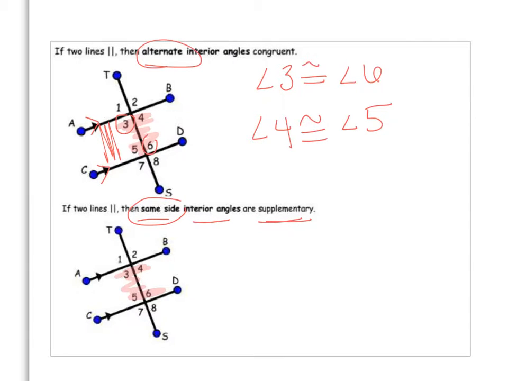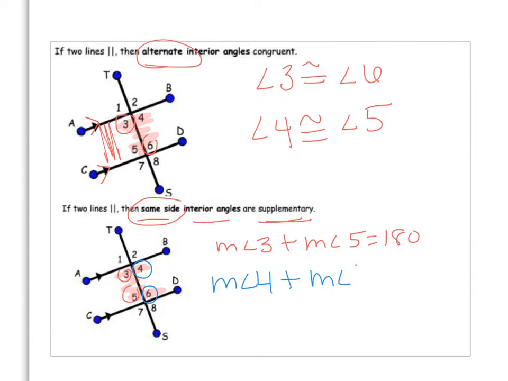Supplementary means 180 degrees. So I know these angles 3 and 5, if I added them together, they would equal 180. What would be my other set of same side interior? 4 and 6. So together those angles would equal 180 degrees as well.